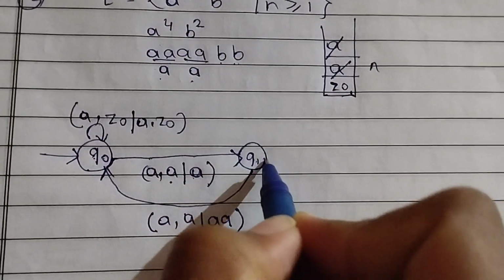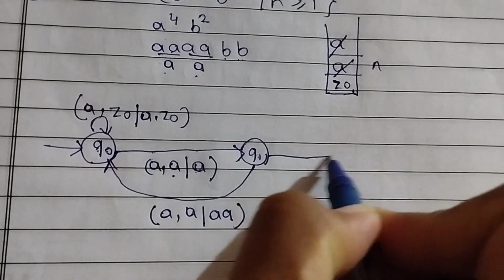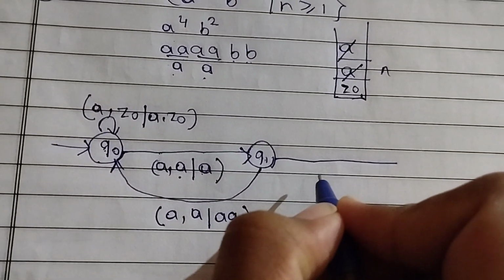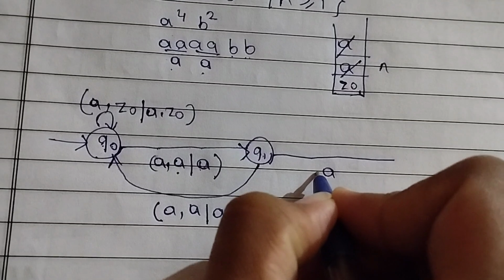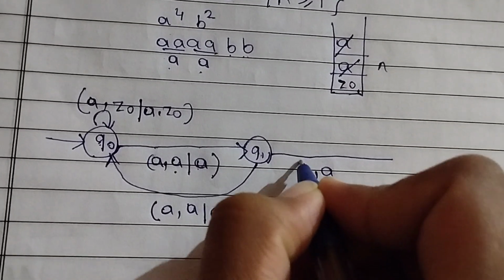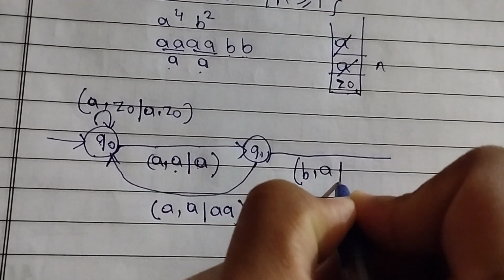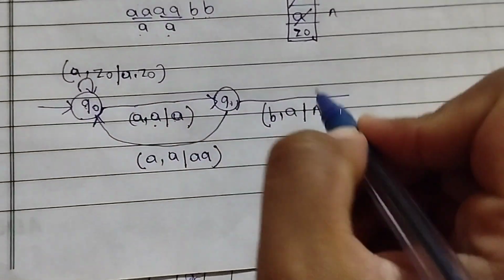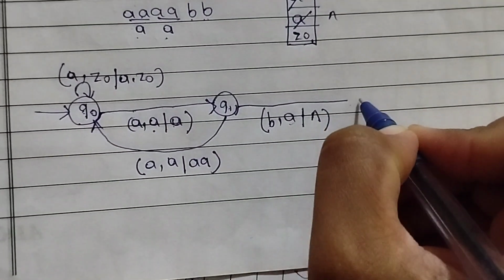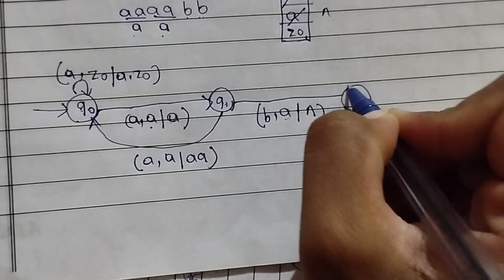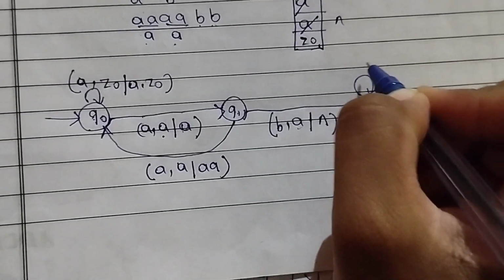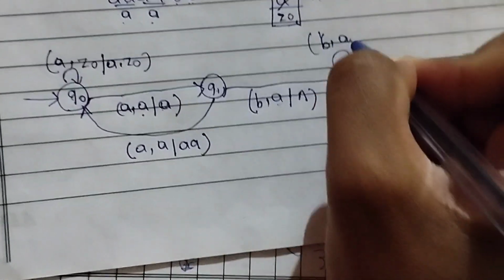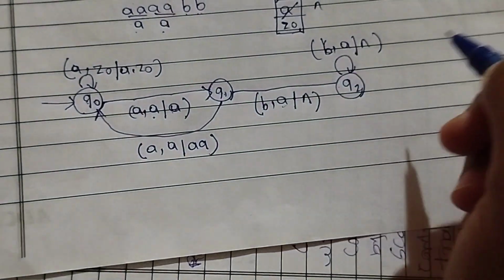Now here we push all the a's. Now we pop the a's. So how we pop, we know. Initially a is present, we read b. For that, pop the bracket. So here we pop the a's. Now in the next state, in the same way, initially a is present, we read b, that time pop the a's.